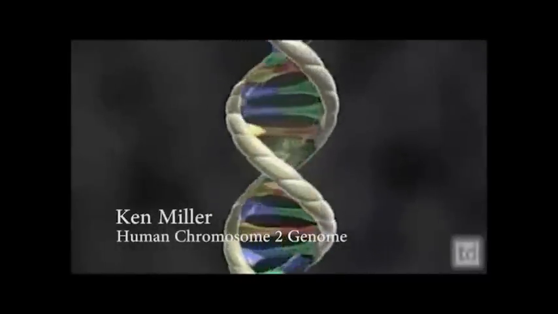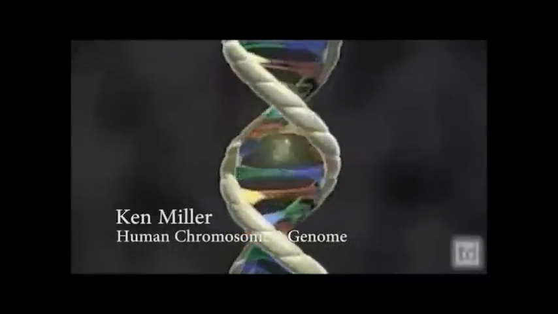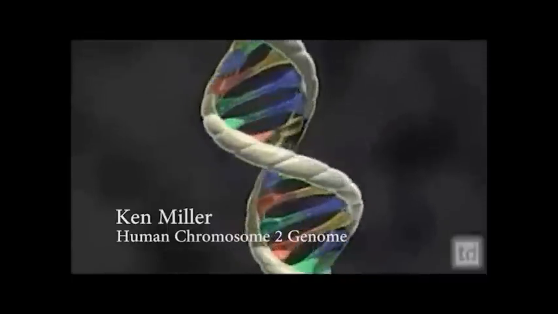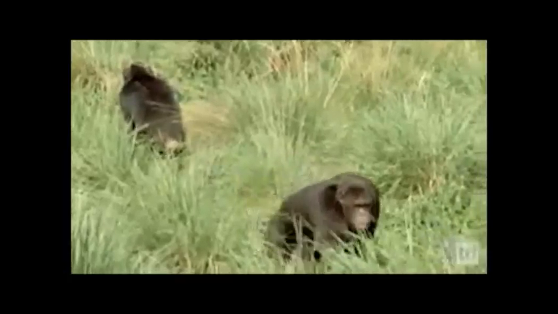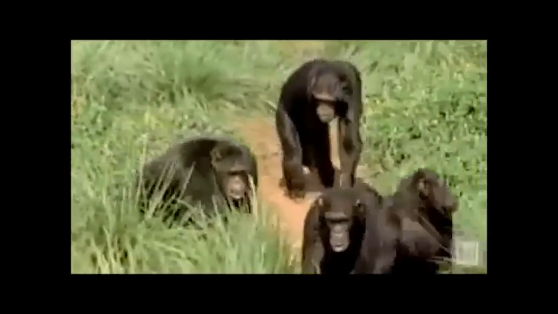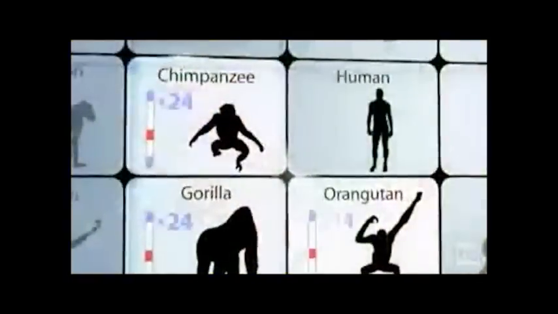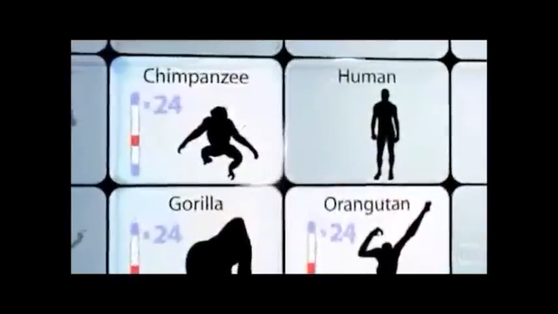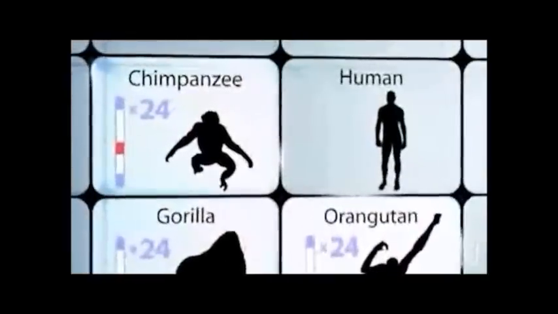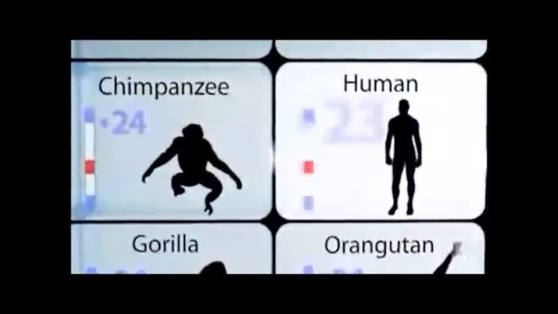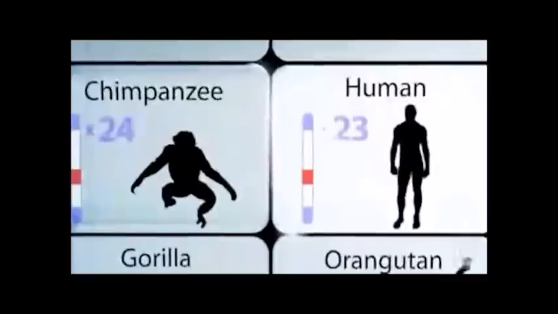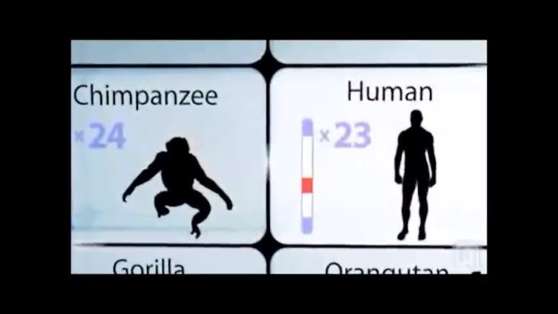When 20th century scientists discovered the role DNA plays in heredity, they founded a new science called genetics that put Darwin's theory to the test. The cells of all great apes, like chimpanzees, gorillas, and orangutans, contain 24 pairs of chromosomes. If humans share a common ancestor with apes, you'd expect us to have the same number. But surprisingly, human cells contain only 23 pairs. Now, if we share a common ancestor, what happened?